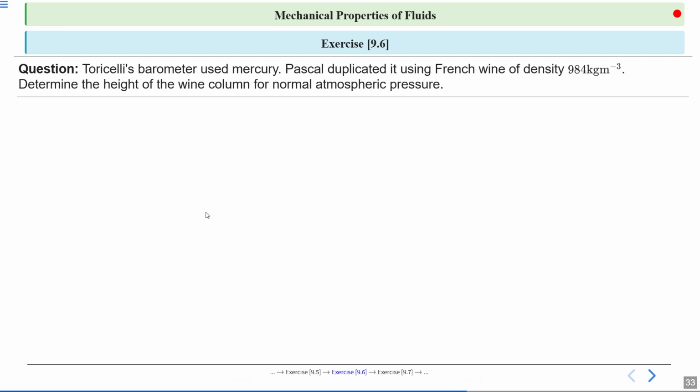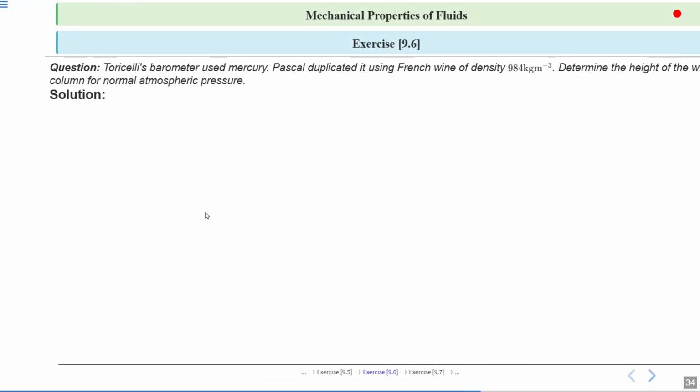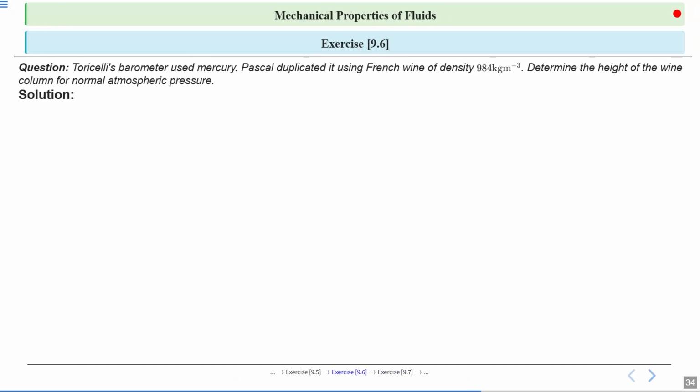Torricelli's barometer used mercury. Pascal duplicated it using French wine of density 984 kg per meter cube. Determine the height of the wine column for normal atmospheric pressure. Let's see the solution. The density of the mercury, ρ1 equal to 13.6 into 10 raised to the power 3 kg per meter cube.